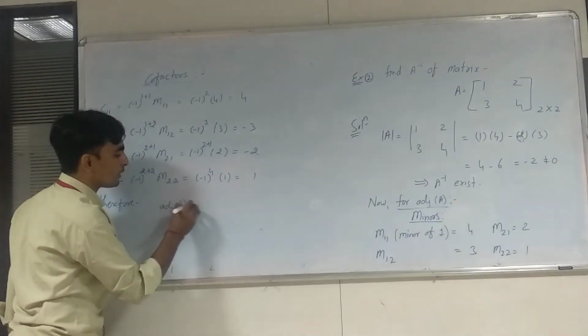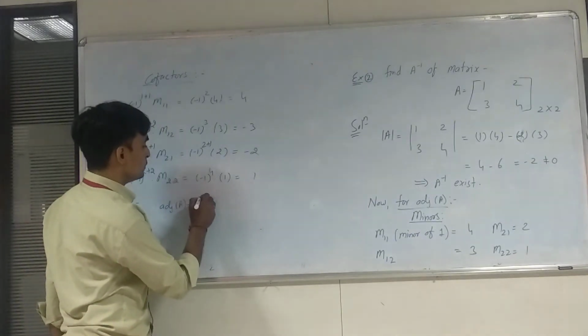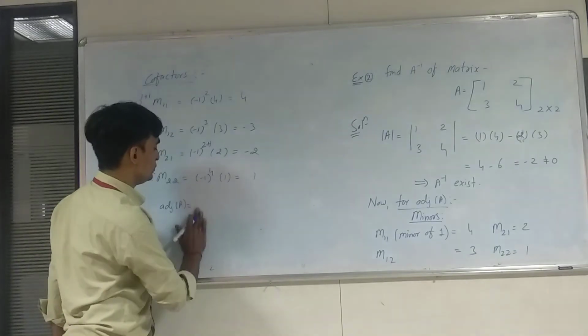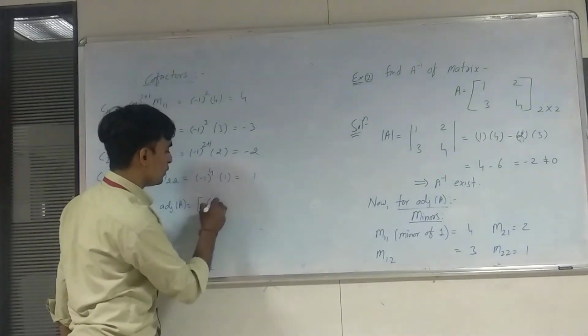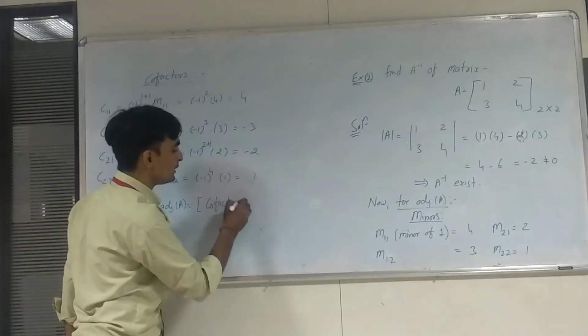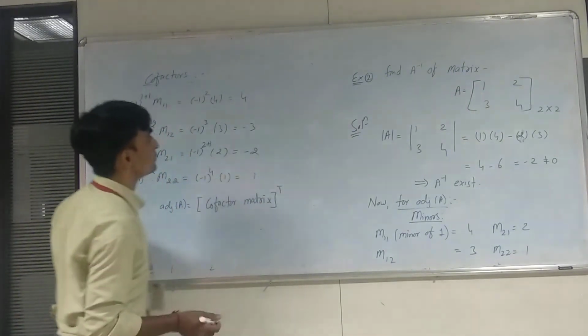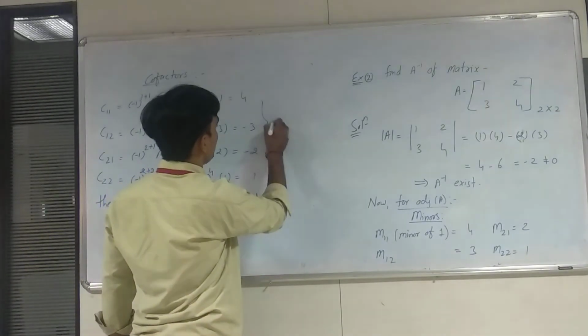Hence you can say, therefore, adjoint of A equal to cofactor matrix transpose. And from here what we can say?